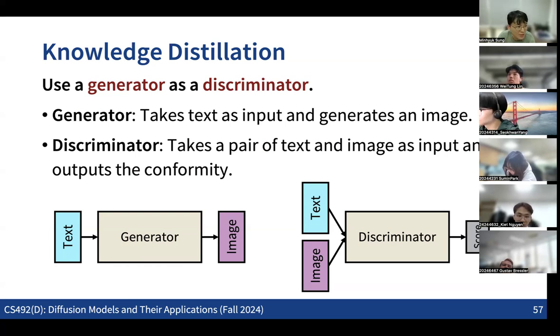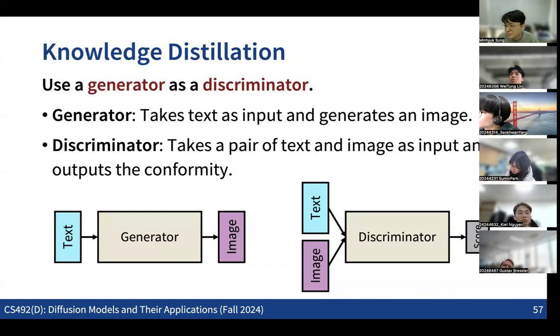The generator produces the image as output, but the discriminator takes the image as input and gives a score of the alignment. So here the question is: how can you convert the pre-trained image diffusion model into a discriminator, so that we can utilize this kind of score in 3D reconstruction? So this becomes a task for 3D generation using the pre-trained image diffusion model.